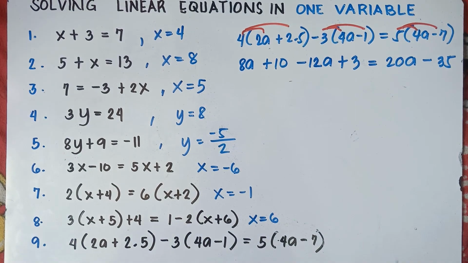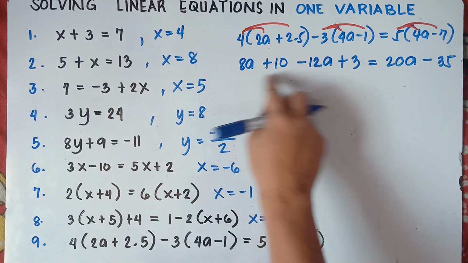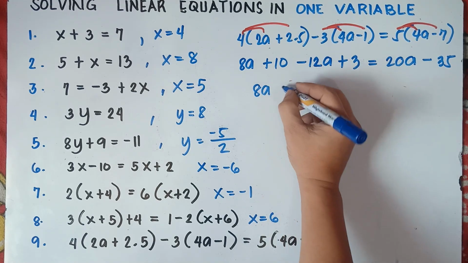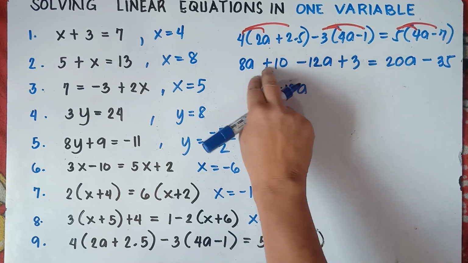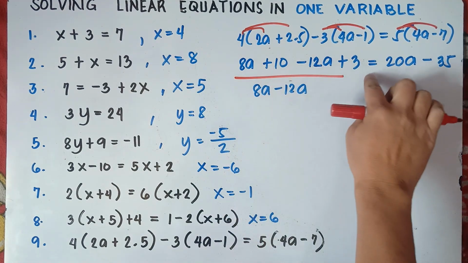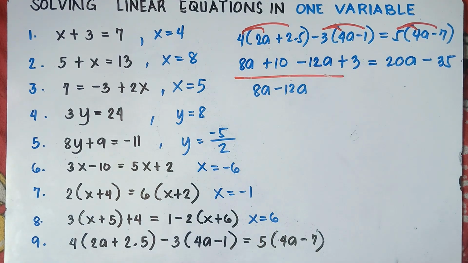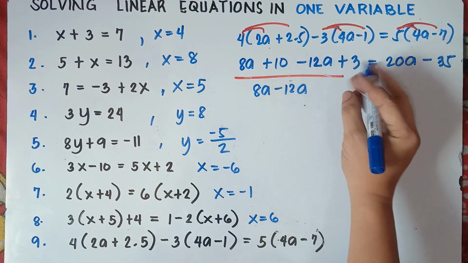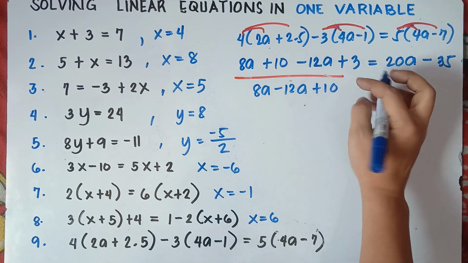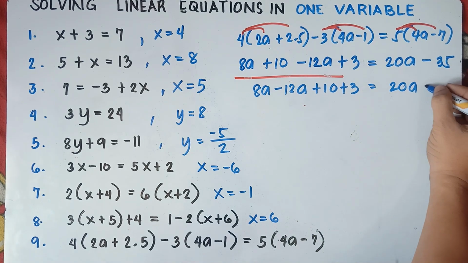Alright, so next step is we need to combine like terms. So we have 8a minus 12a. Combine like terms for this left side of the equal sign. We have a and a, we have numbers. So 8a minus 12a, copy 10a, copy positive 10 plus 3 equals 20a minus 35.